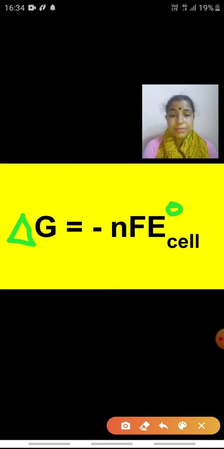What is E naught of cell here? E naught of cell is the electrical potential difference which is set up between the two electrodes. That is the standard electrode potential, the cell potential we are taking, and n is the number of moles of electrons exchanged during the oxidation reduction reaction taking place in the electrochemical cell.